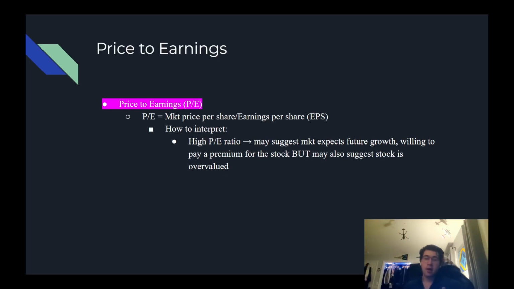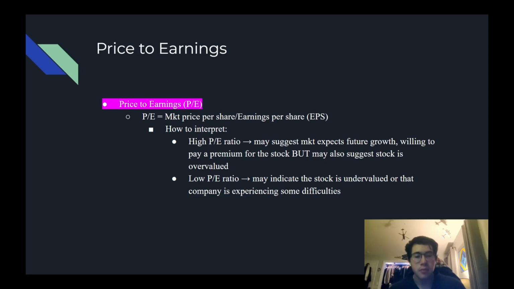However, a high P/E ratio could signify that the stock is maybe overvalued, so you have to be careful, which is why you use multiple ratios and multiples when you're comparing companies. You can't just use one. A low P/E ratio may indicate the stock is undervalued or the company is experiencing difficulties, such as not being able to pay back loans or not making enough sales, whatever it is.